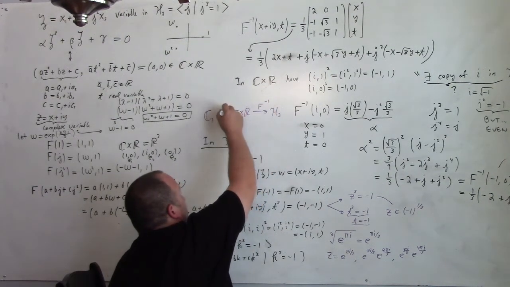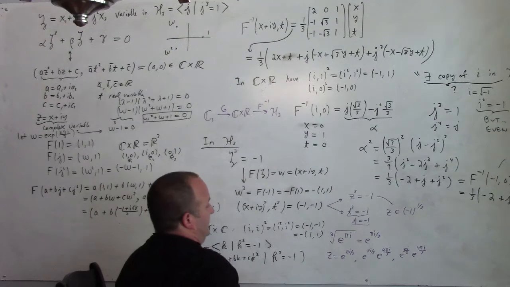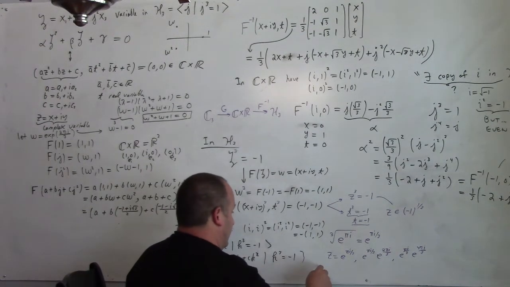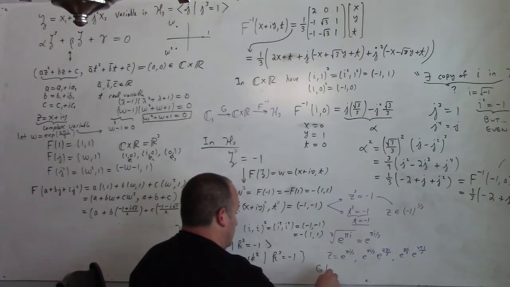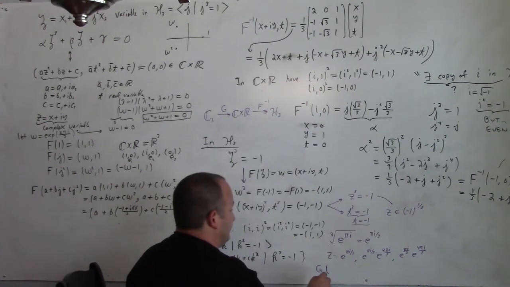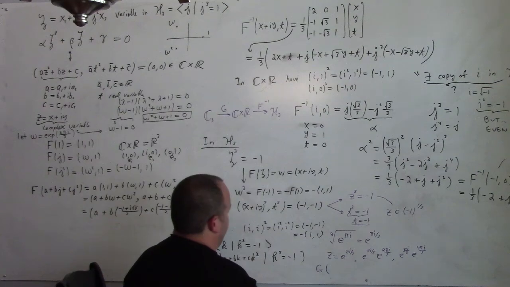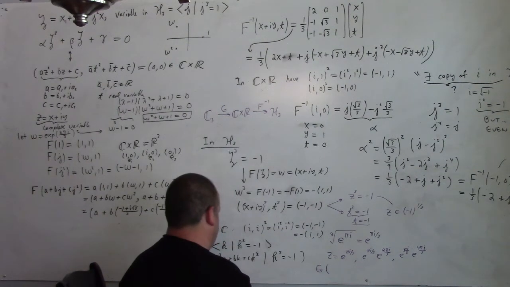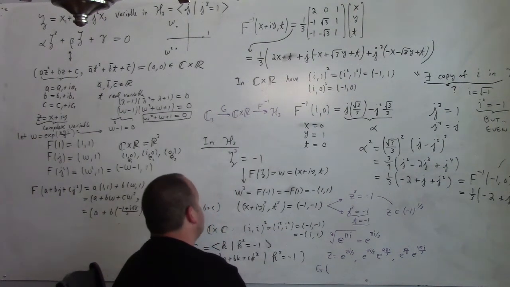And this is the G mapping, which I haven't even written down yet. So we already know C3 and C cross R are isomorphic to each other; we're trying to understand if that's true or not.